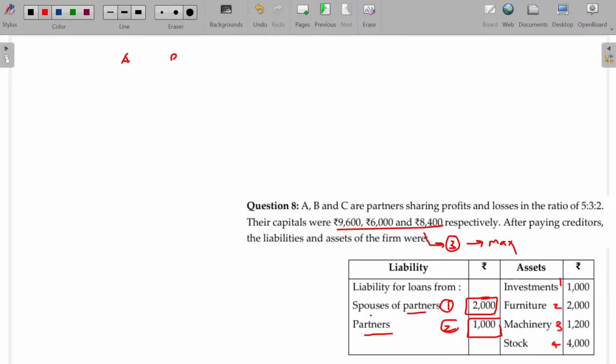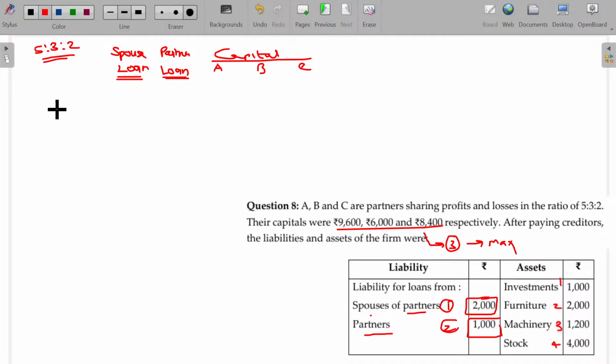A, B, C. We'll start with the spouse loan. We have to pay that one first, right? Spouse loan, then partners' loan, then capital of A, B, C, with the P&L ratio being 5:3:2. Okay.